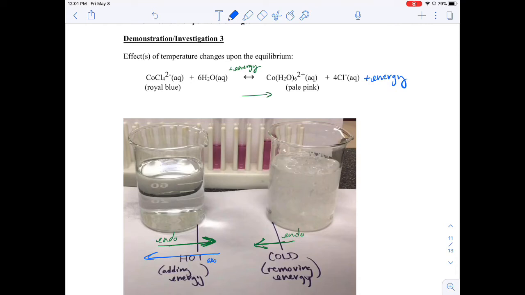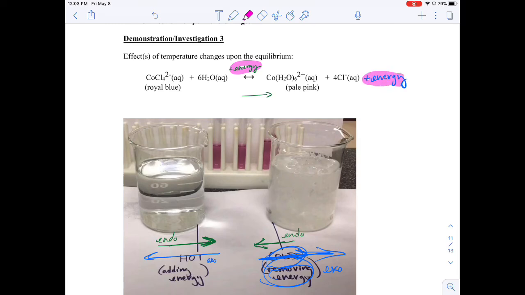If it's cooled down and it's exothermic, then I expect that the reaction would shift this way to replace the energy removed, right? Because if it's cold, we're removing energy. The equilibrium would shift this direction. That's if it's exothermic. So really, which direction it shifts when it's heated and cooled depends on if the reaction was originally endothermic or exothermic.